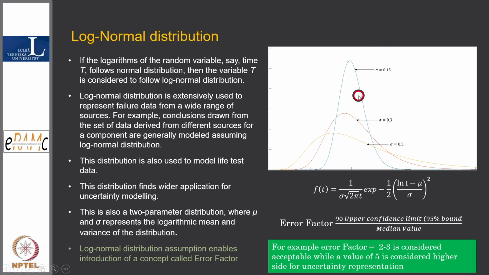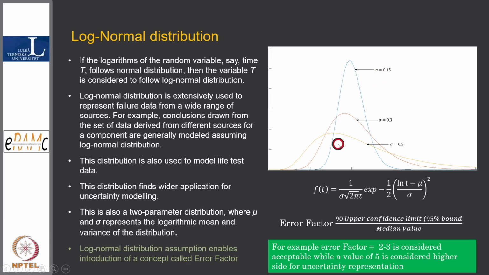Here sigma is equal to 0.15, 0.3, and 0.5. You can see a log normal distribution can be characterized by skewness on one side. It is more like a normal distribution when sigma is 0.15.